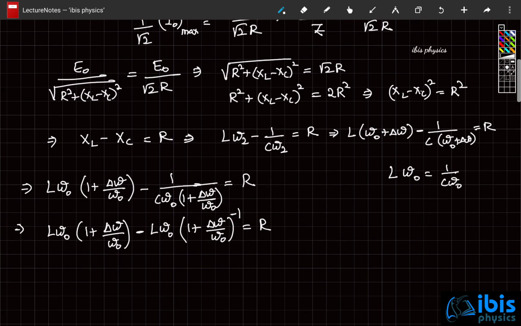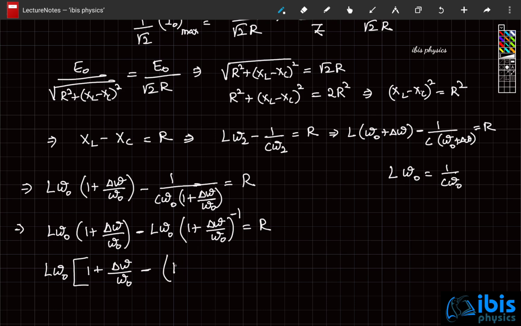So delta omega is very narrow for a quality circuit. So delta omega is a small value, and delta omega by omega naught becomes a very small value. So I am taking L omega naught out from both the terms. So 1 plus x whole power n is 1 plus nx.